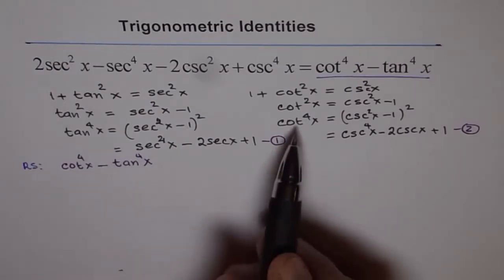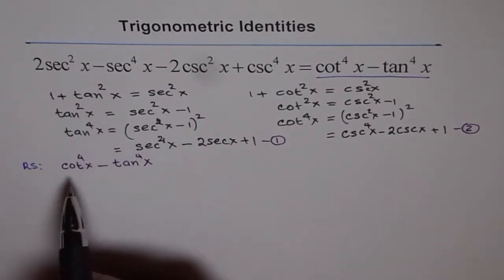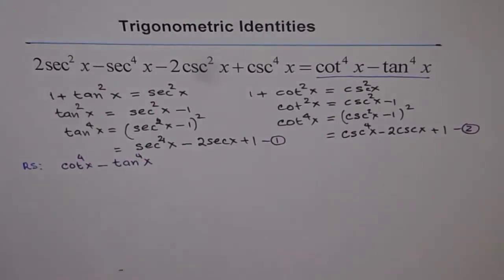Now we know cot to the power of 4x is this expression, right? So I can write this for cot and this for tan.